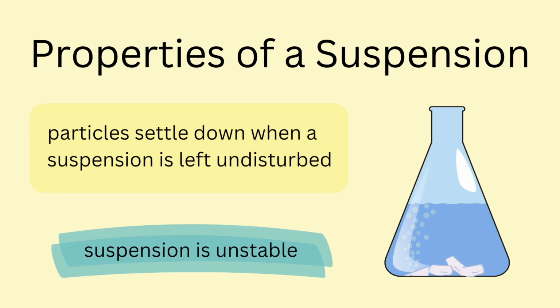The next thing is that particles settle down when a suspension is left undisturbed. The particles generally float around because the mixture is heterogeneous, but if you leave the mixture undisturbed for a long time, you will see that the solute particles settle down at the bottom of the container.